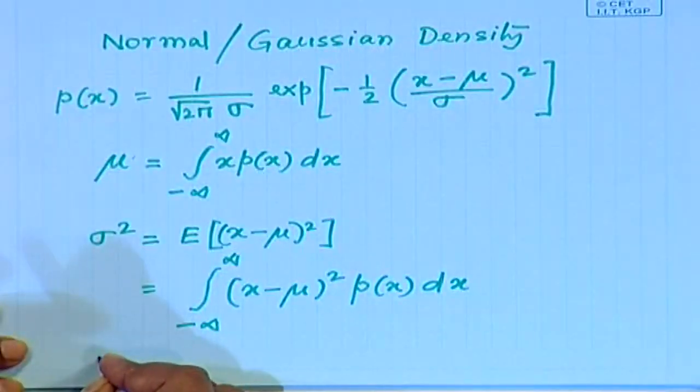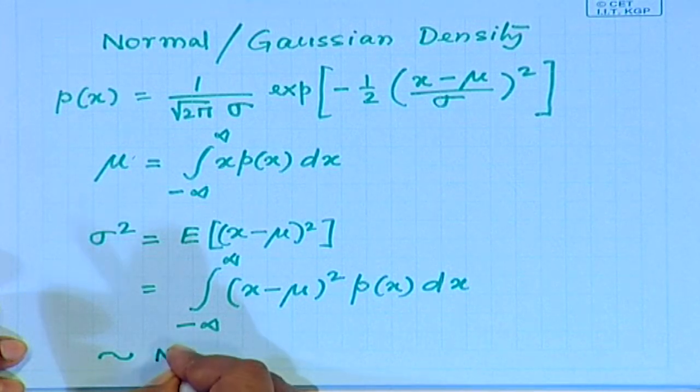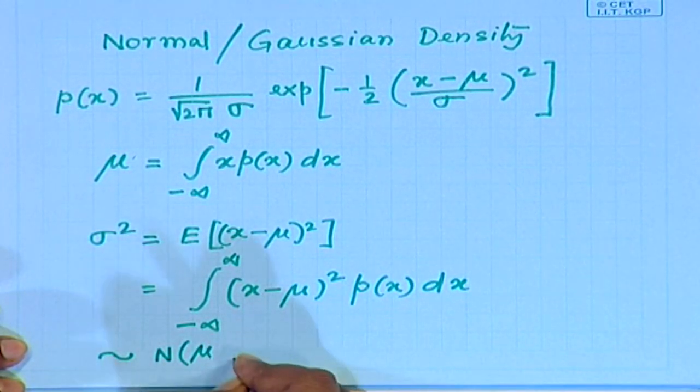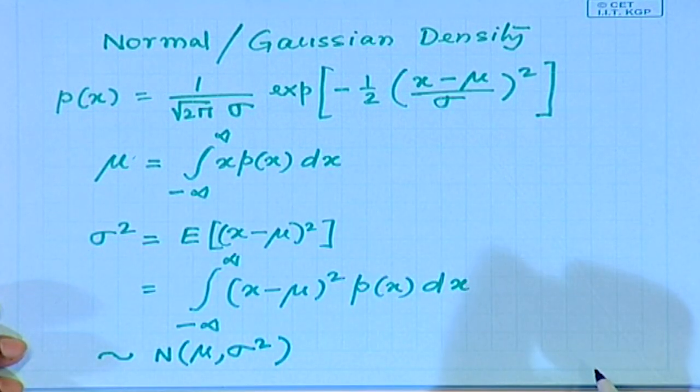In short, this normal PDF is also written as N(mu, sigma square), which means it is a normal density with the mean value of the variable as mu and variance of the variable as sigma square.